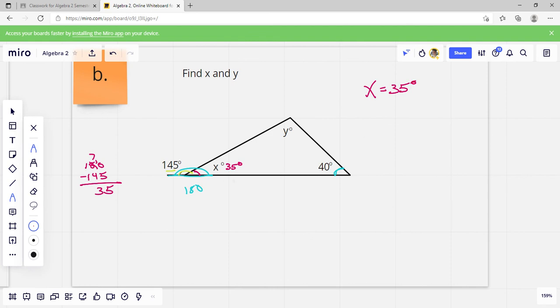Okay, so now we have to add these two together that we know to figure out what y is. So if we've already got 40 and 35, we put those together, we get 75, and then the whole thing has to equal 180, so we'll take our 75 away from 180, and we're going to get 105. So y equals 105.